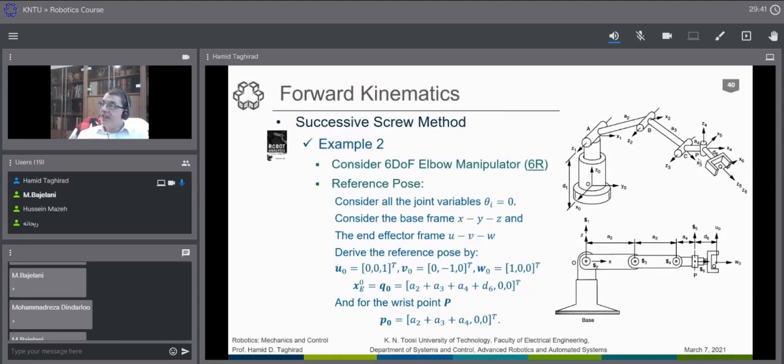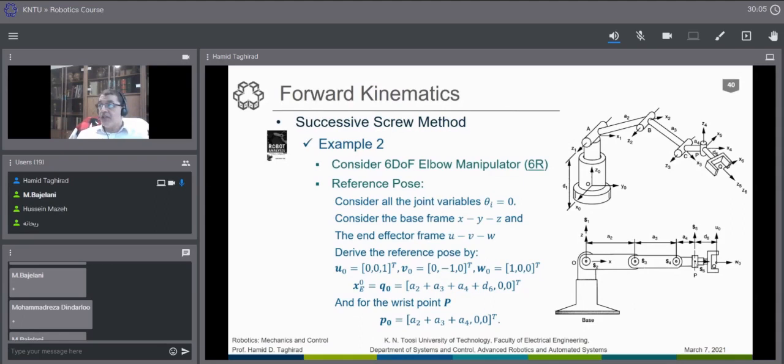Here we see, as we have this orientation, S4, then at this point the U position, and then the V position, or V orientation. So we have 3 perpendicular screw axes here, and then the final point, we could consider the Q point or the P point or the wrist point.